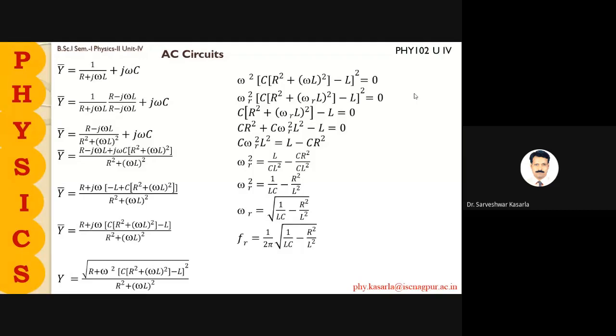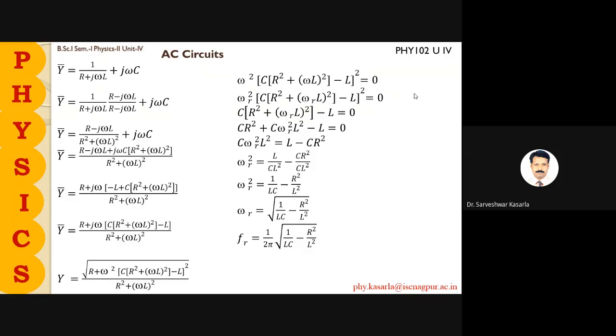So at resonance, say Fr, in the parallel resonance circuit, the impedance becomes infinite. Because admittance is 0 means impedance becomes infinite, which means the current is minimum at resonance.